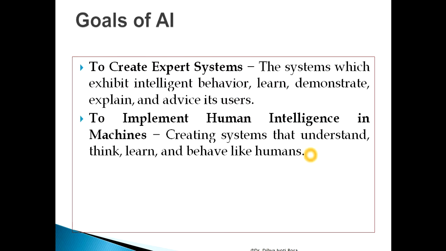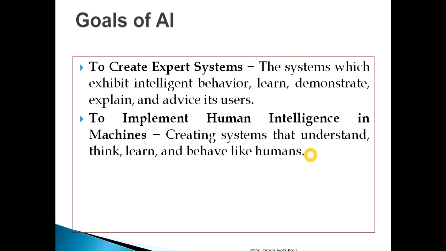And about the goals of AI, I have seen that two goals are the main ones for building AI machines. First one is to create expert systems. This term is very familiar in the area of AI because these are the systems which exhibit intelligent behavior, learn, demonstrate, explain, and advise their users.